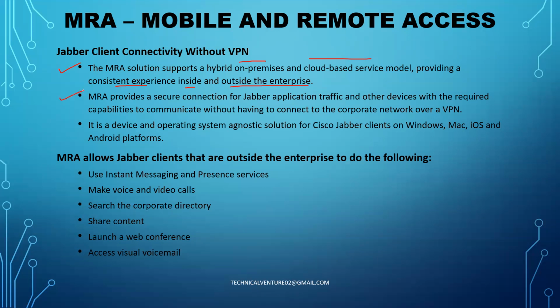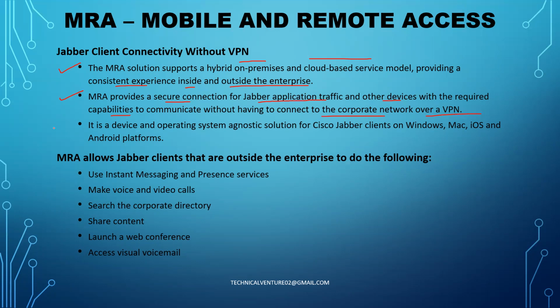Then it says MRA provides a secure connection for Jabber application traffic and other devices with the required capabilities to communicate without having to connect to the corporate network over a VPN. So it is providing a secure connection, right? You are working with protocols like SIP, XMPP, and HTTPS, and the security it is providing is SRTP, correct?